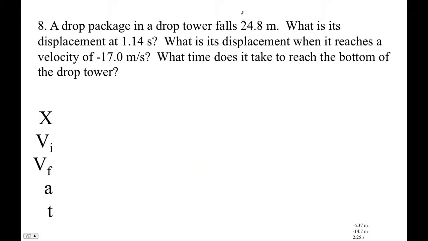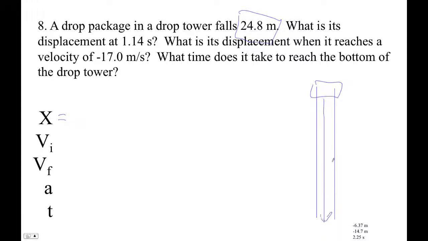Okay, so now finally we're going to use this guy here. The displacement from the top of the drop tower to the bottom is down 24.8, so we'll put that in there as negative 24.8. The initial velocity is 0. This guy's negative 9.8.